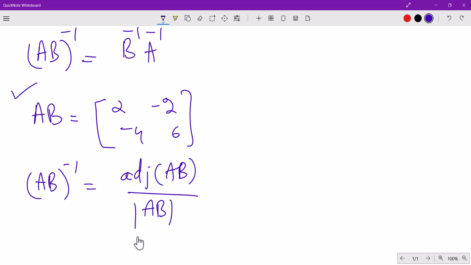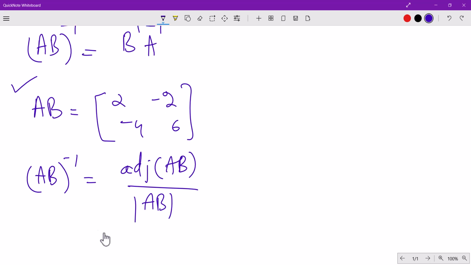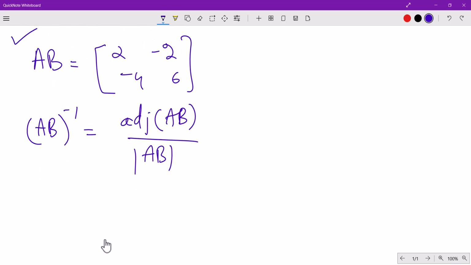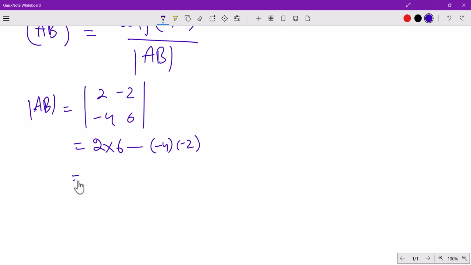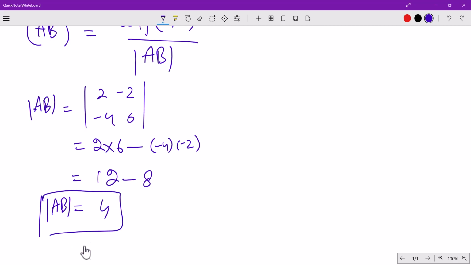Let us first find the determinant of AB, which is equal to 12 minus 8, which is equal to 4. Determinant of AB is equal to 4, and adjoint of AB is equal to 6, 2, 4 and 2.